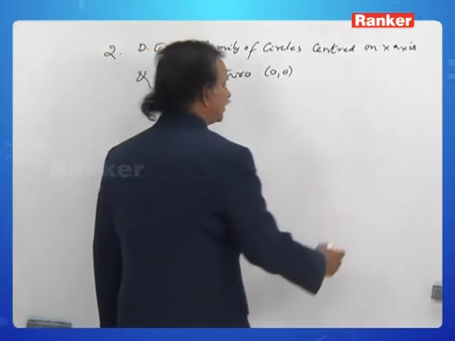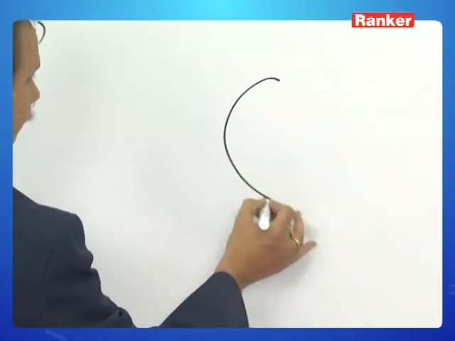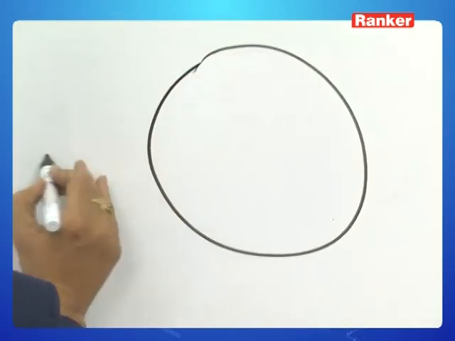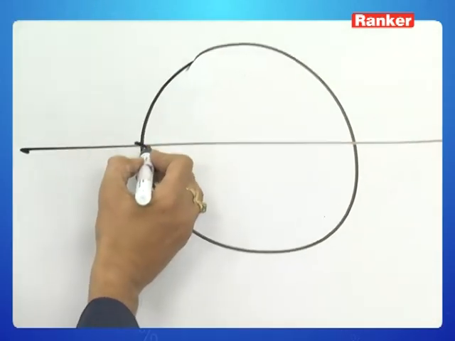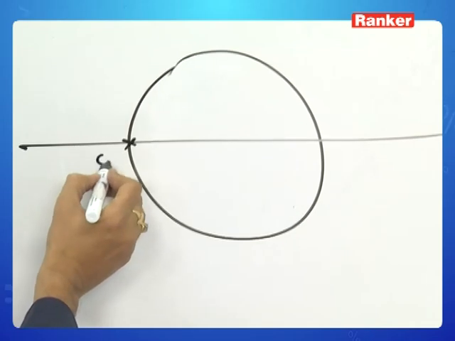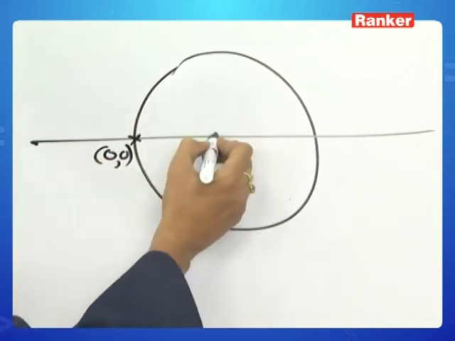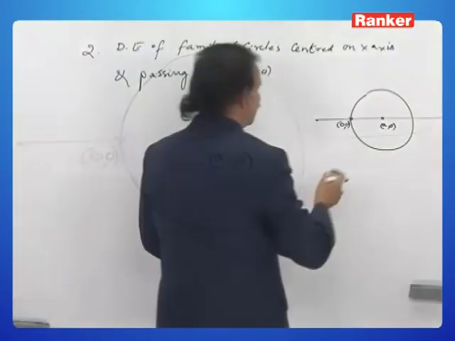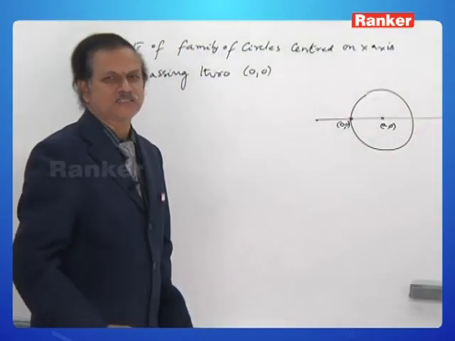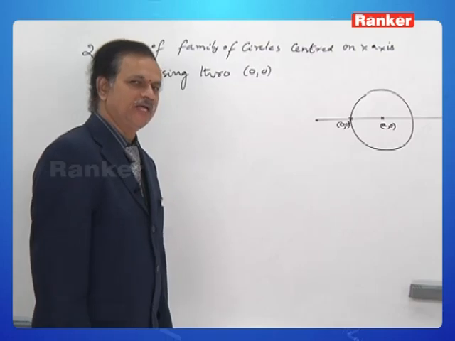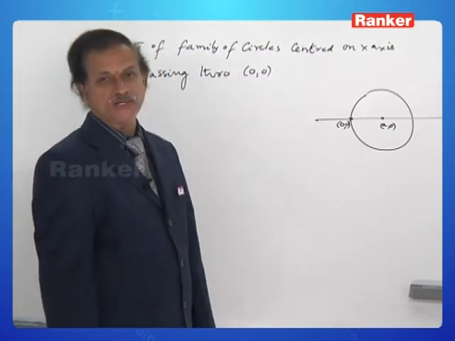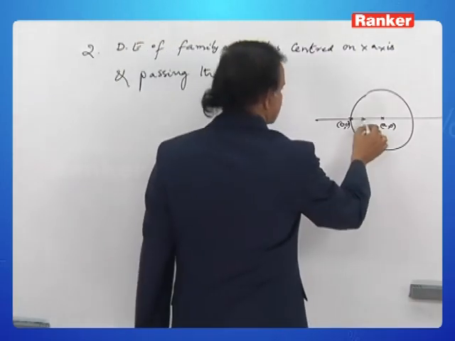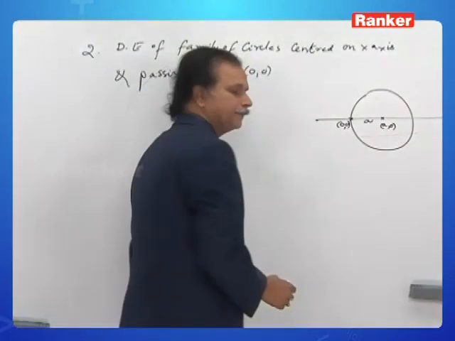Okay, what is that? Passing through origin and centered on x-axis. What is the general point on x-axis? Say (a, 0). And it passes through origin. Therefore, this distance is just nothing but a.